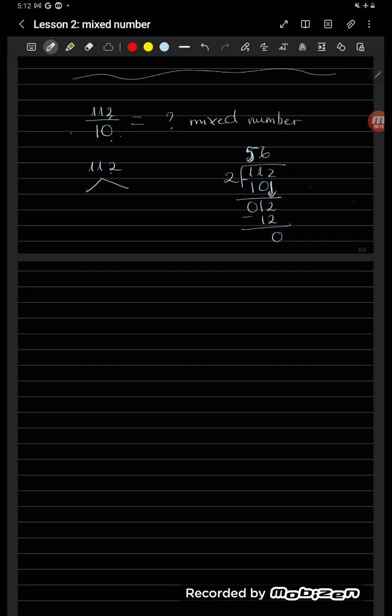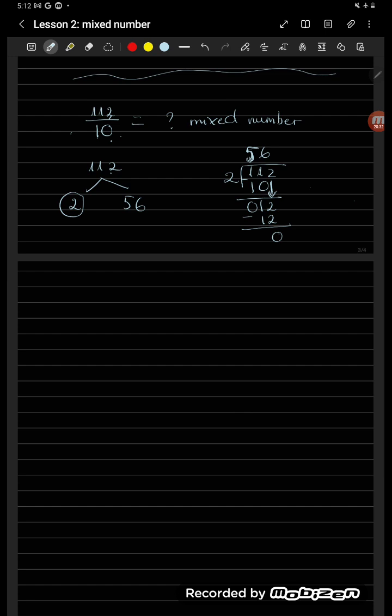So 112 divided by 2 equals 56, which means 112 can be written as a product of prime number 2 and 56.